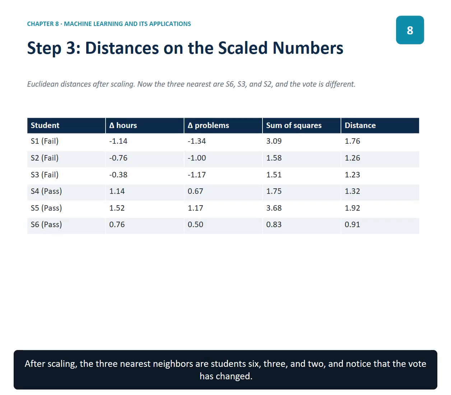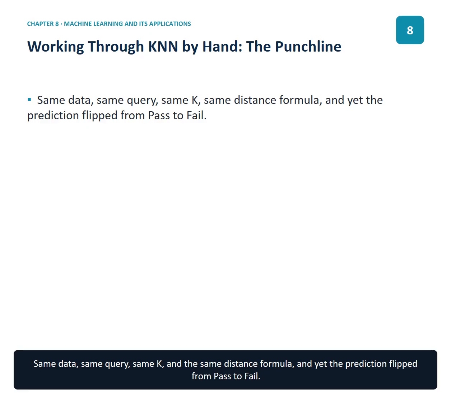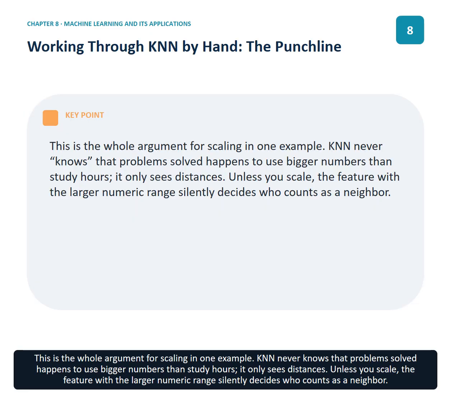After scaling, the 3 nearest neighbors are students 6, 3, and 2, and notice that the vote has changed. Same data, same query, same K, and the same distance formula, and yet the prediction flipped from pass to fail. This is the whole argument for scaling in one example. KNN never knows that problems solved happens to use bigger numbers than study hours. It only sees distances.